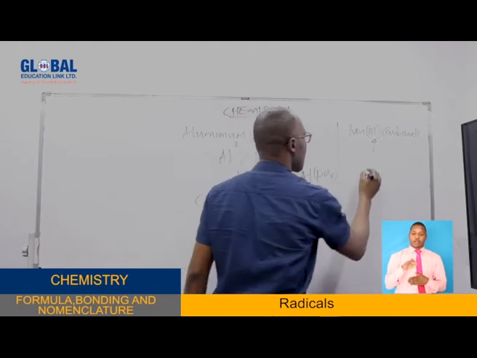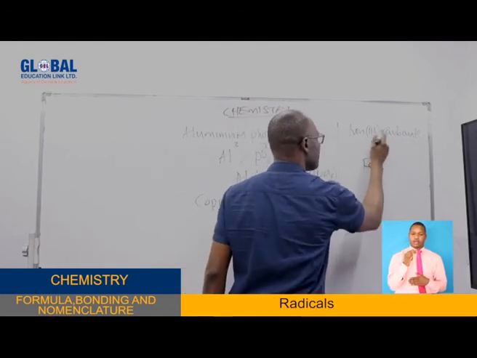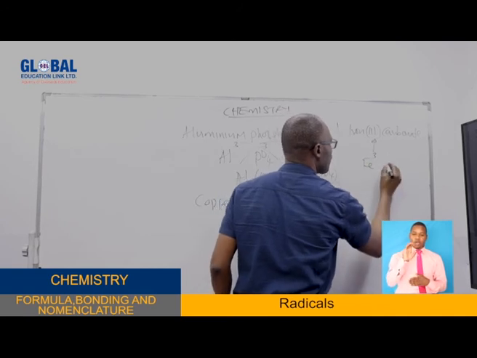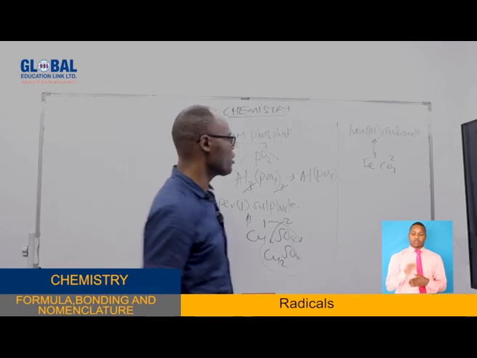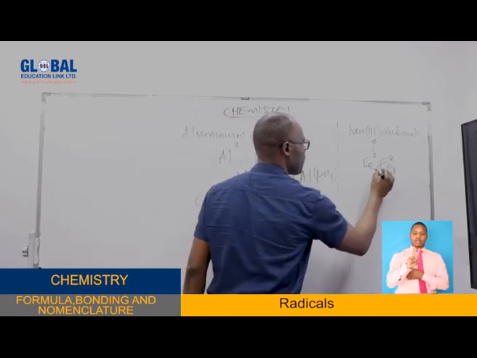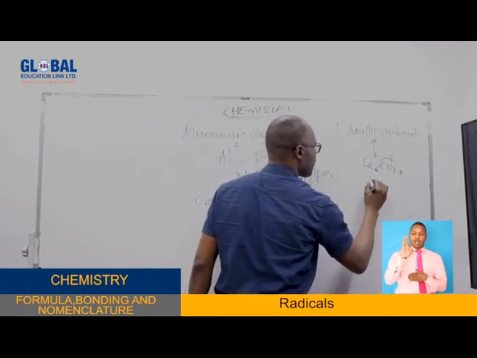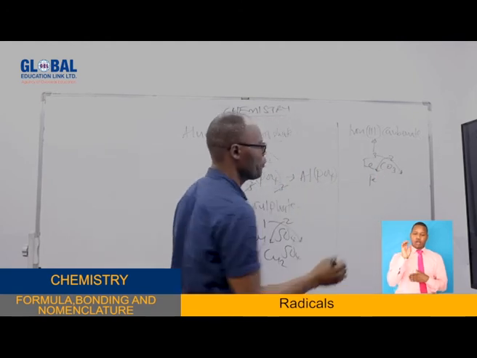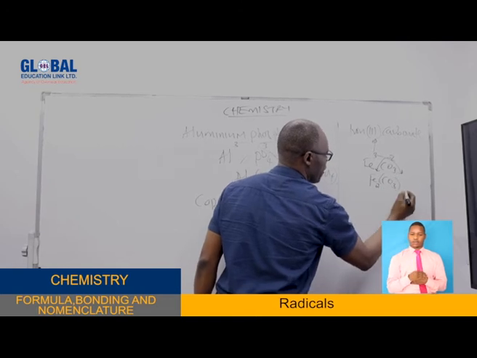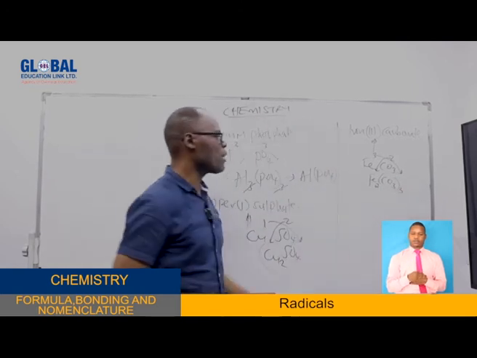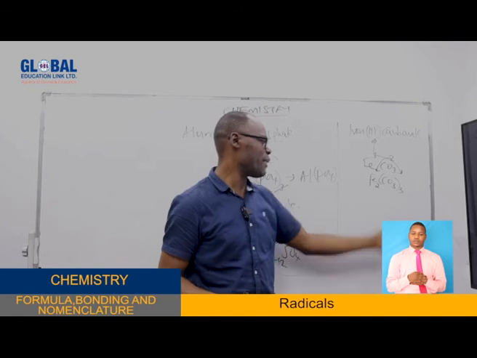So we can have our formula as iron, a valency of 3, then our carbonate, a valency of 2. And then we exchange the valencies. Then our iron now is 2, and our carbonate now is 3. So we have our iron 3 carbonate.